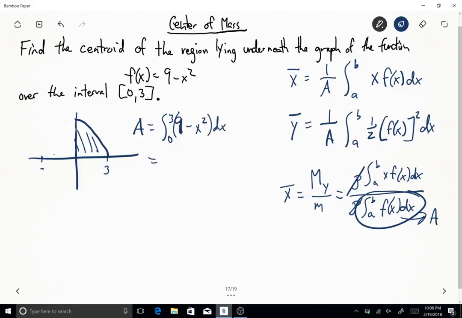So our a value equals, well, this will be 9x minus 1/3 x cubed, evaluated from 0 to 3. So that's equal to 27 minus, this is 1/3 times 27, which is just 9, so that equals 18. So keep that in mind. We'll highlight it over here, a equals 18.